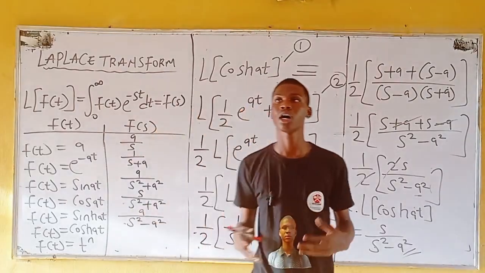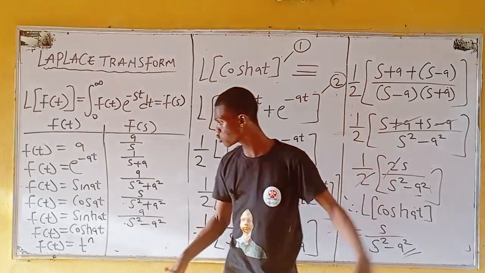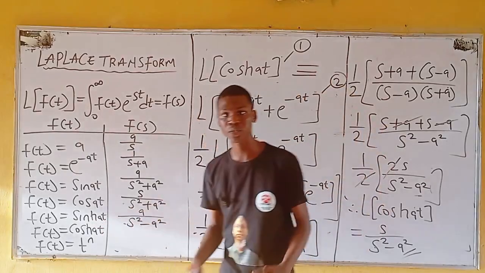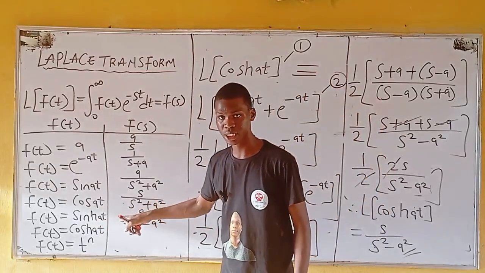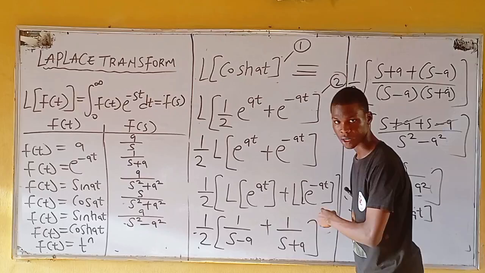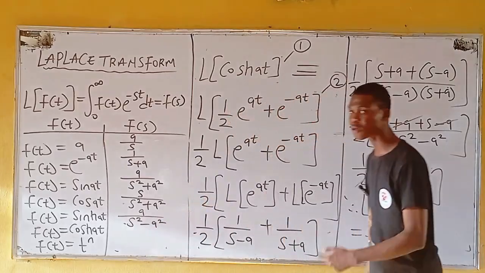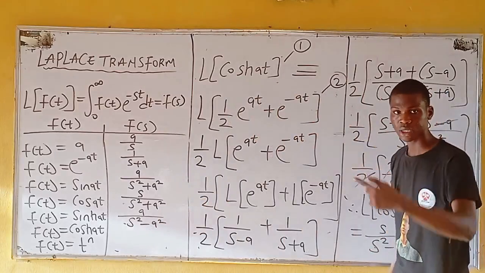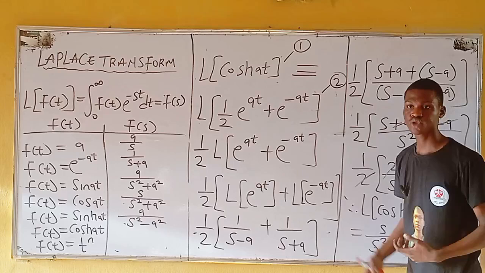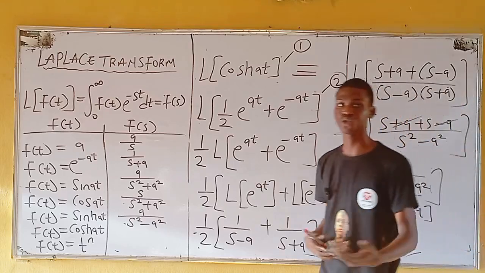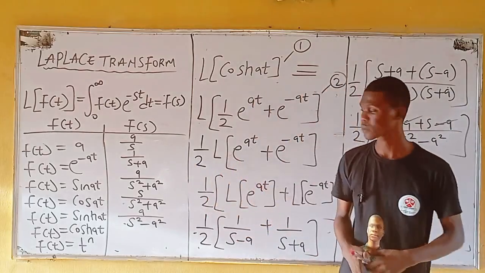Also note that it works vice versa. For the first one, sin at, you can use the same way we found the transform of cosh at. You can use this idea. You still get the same thing. So whatever method you want to use, it is your choice. You definitely get the same thing.